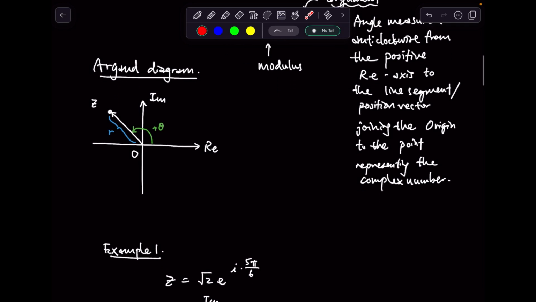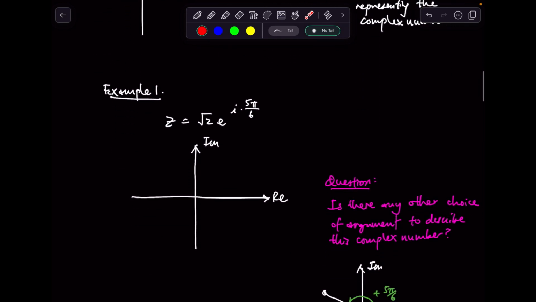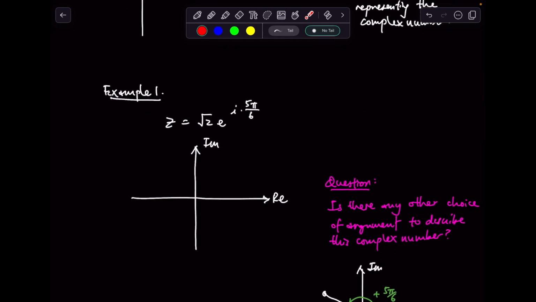Okay, now let's look at an example. So let's say I have a complex number like this, right? z has a modulus of root 2 and an argument of 5 pi over 6. So let's try to denote this complex number on the Argand diagram.